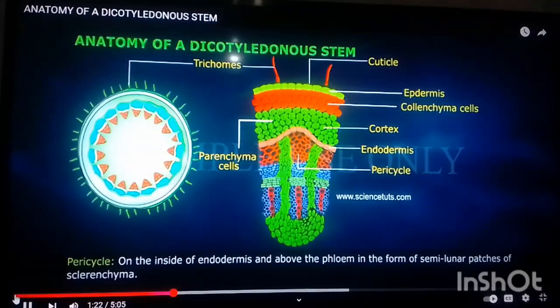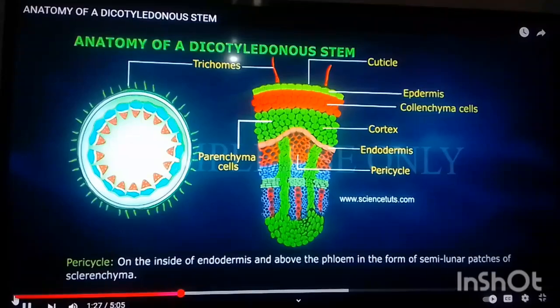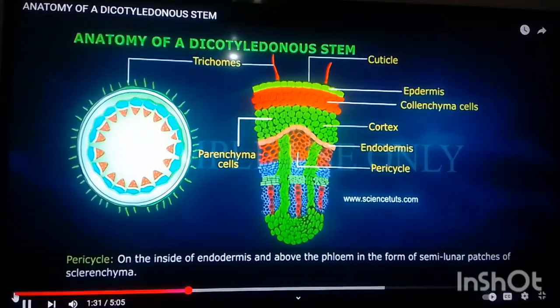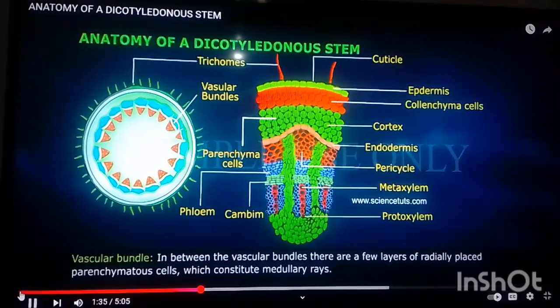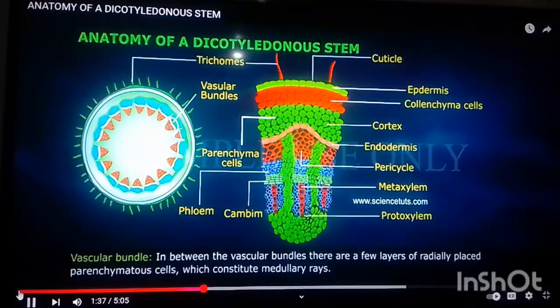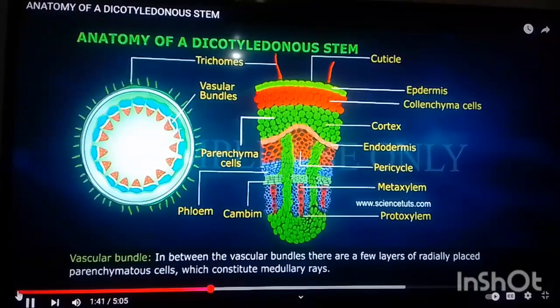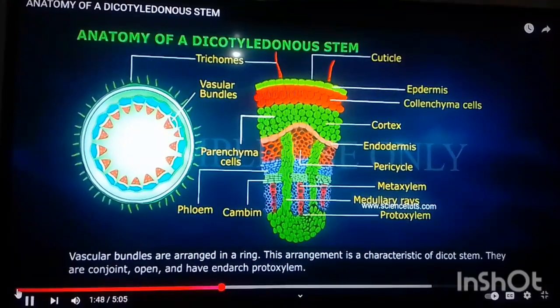Pericycle is on the inside of the endodermis and above the phloem, in the form of semilunar patches of sclerenchyma. Vascular bundle: in between the vascular bundles, there are a few layers of radially placed parenchymatous cells which constitute medullary rays.